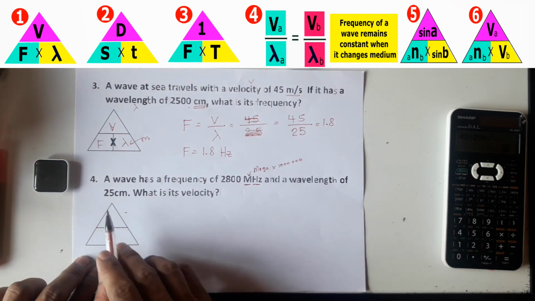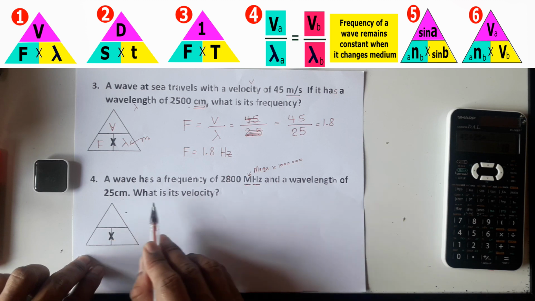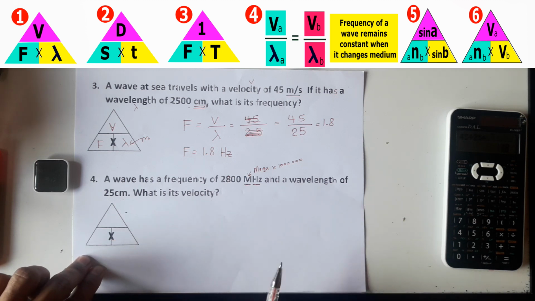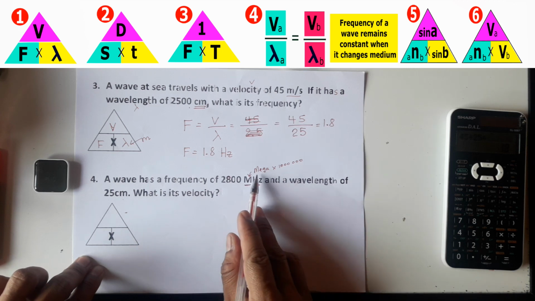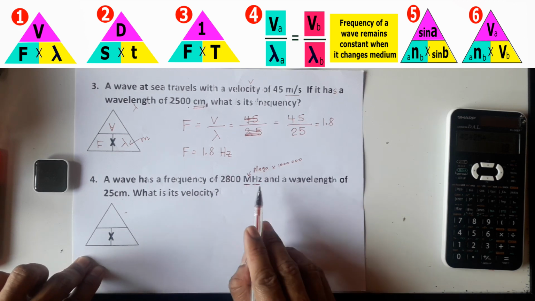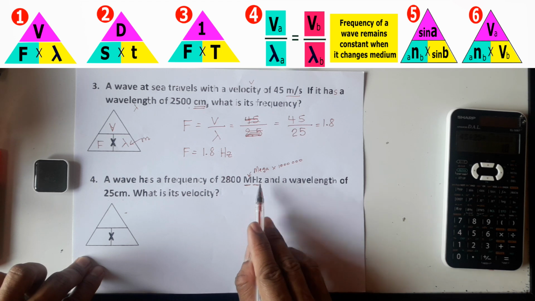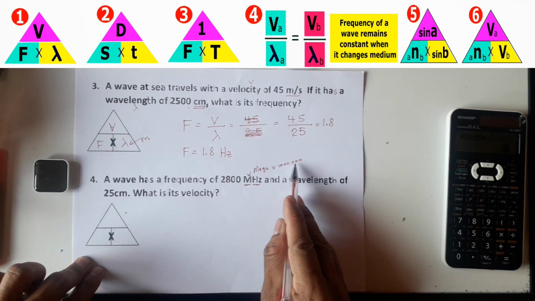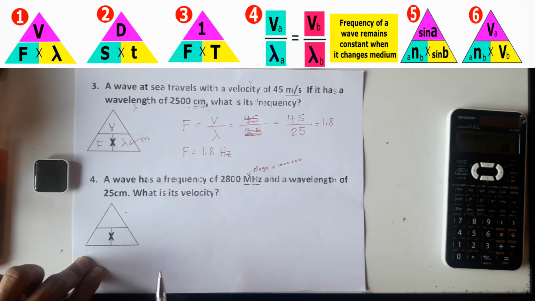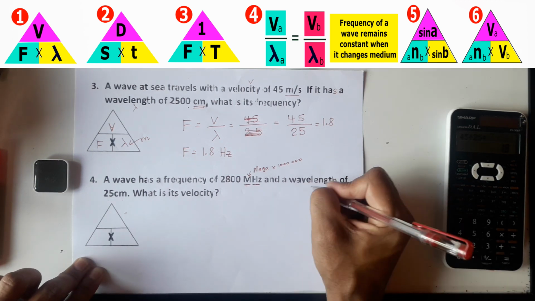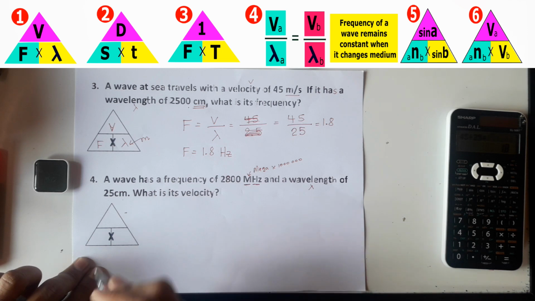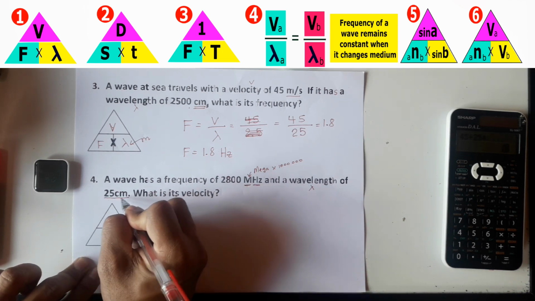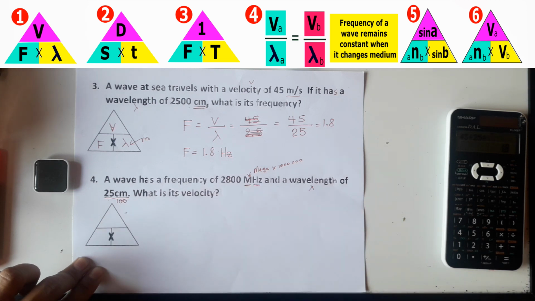And a wavelength of 25 centimeters. What is its velocity? There are 2 tricks in this question. One is the megahertz, because frequency needs to be measured in normal hertz. So I will need to take this value and multiply it by 1,000,000 first to get the frequency. And notice they gave you the wavelength in centimeters. I need this to be in meters. So I will need to divide this by 100 first.